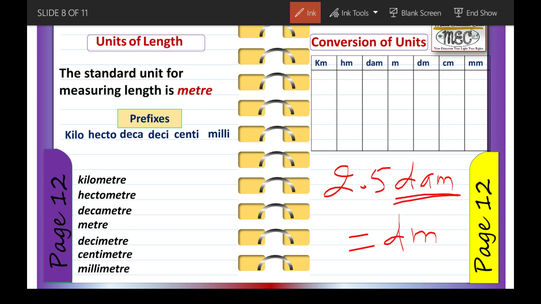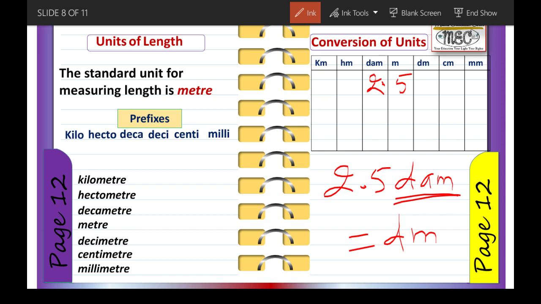The given unit is decameters. You come with your decimal point and then you put it there. And then you will not leave decameters without putting a digit. You put 2 there. 2.5. You fill in 5 because 5 is tenths. It is put after the decimal point.